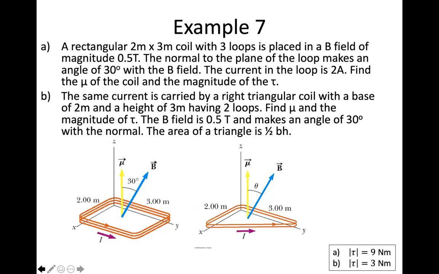Whoops. Get a whiteboard. Okay, so now for part B, our area is 1/2 the base times the height. That's 1/2 the 2 meters times the 3 meters. And the area is significantly smaller.